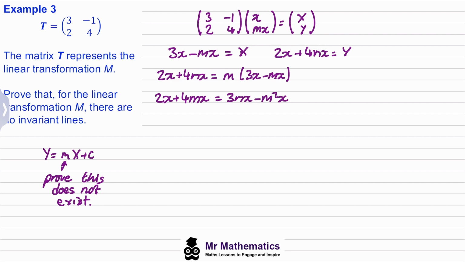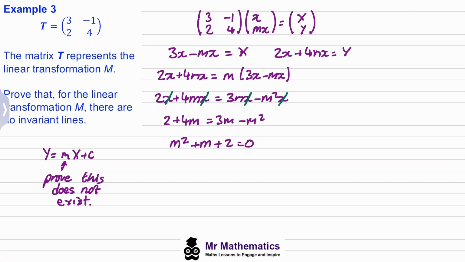We'll divide through by x. So we've got 2 plus 4m will equal 3m minus m squared. And then we can make this quadratic equal 0. So m squared plus m plus 2 will equal 0.